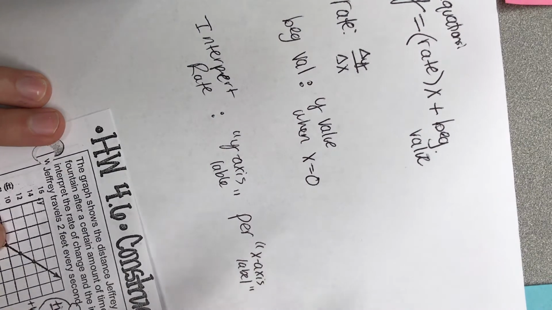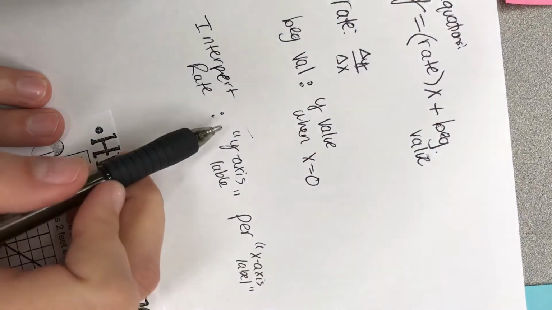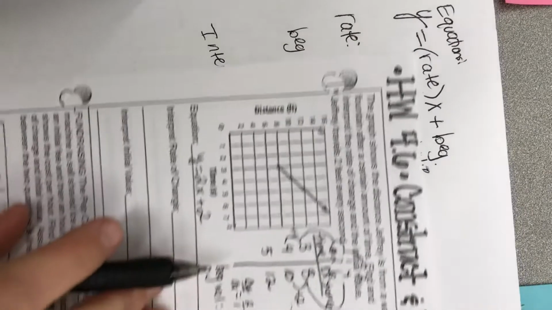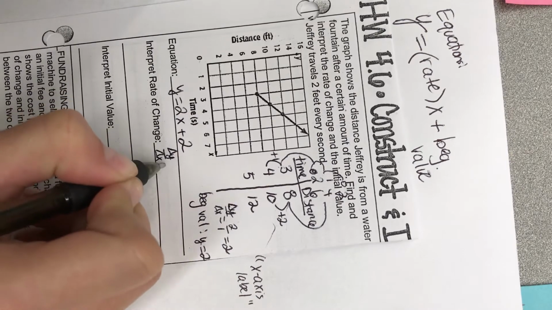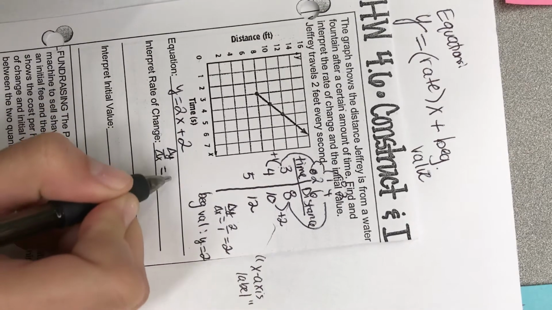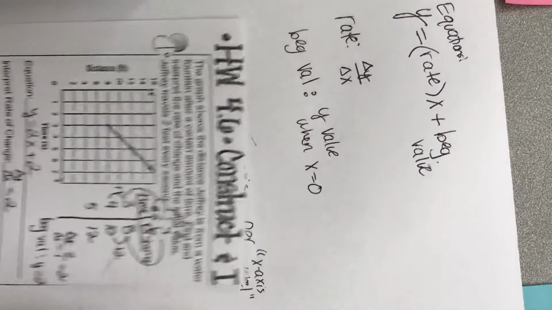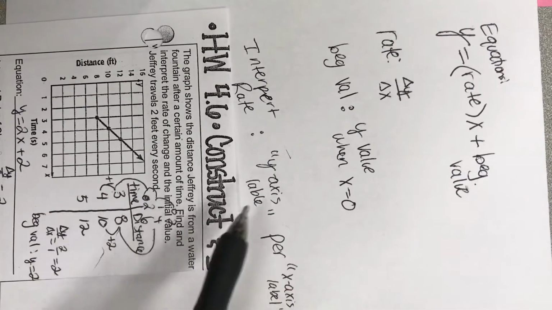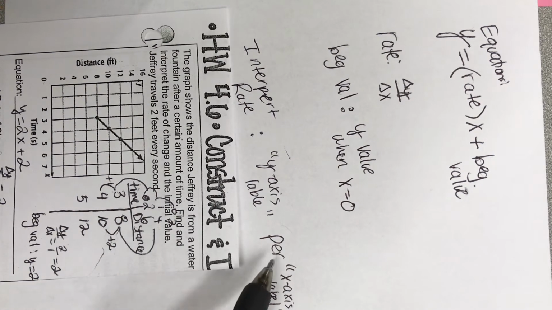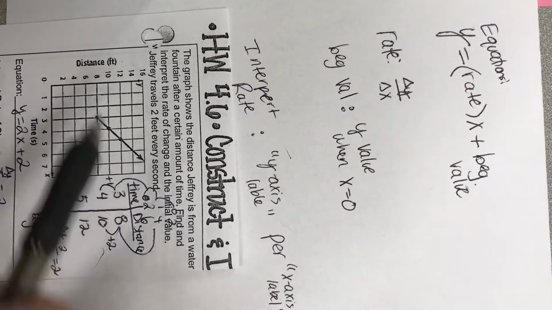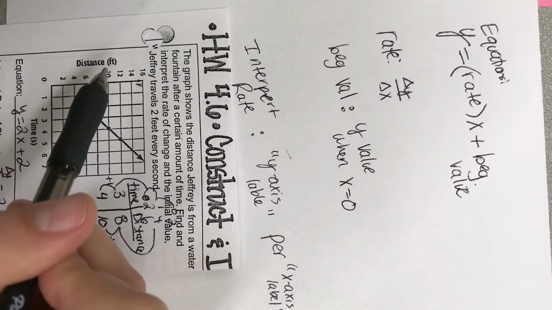This will help you create your sentence for what the rate means. So my rate, or my triangle y over triangle x, was equal to 2. So this means 2, the label that my y-axis has is time in seconds. So that's going to be 2 seconds per, my x-axis label is distance, which is in feet.